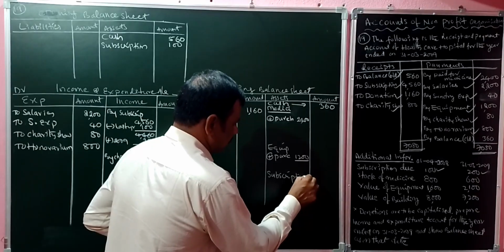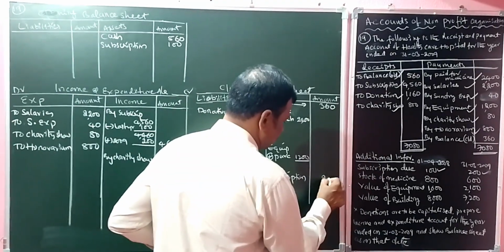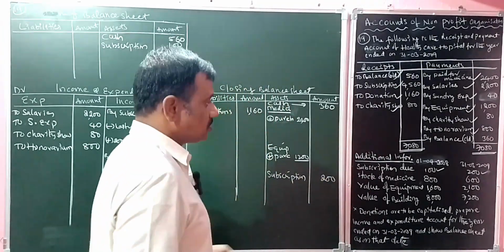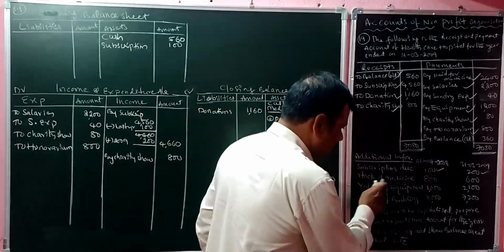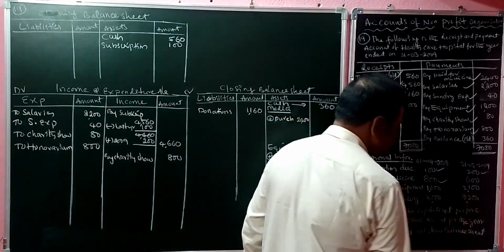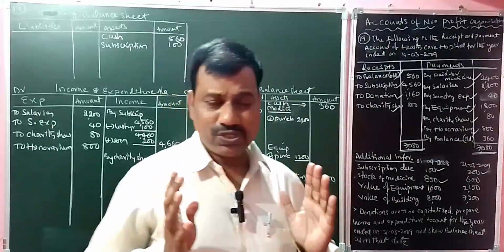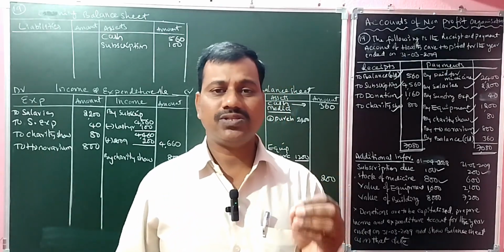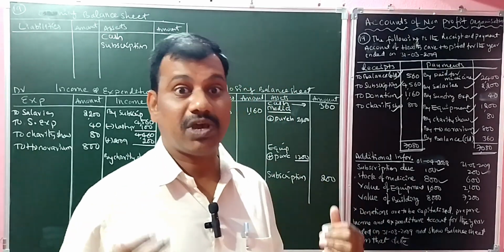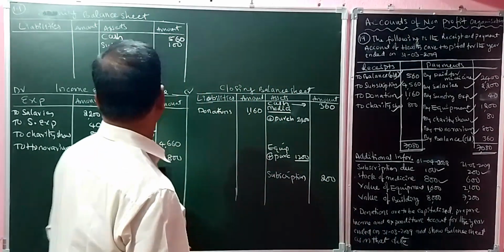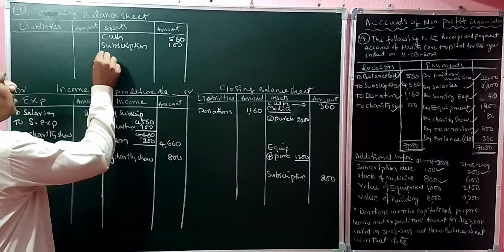So subscription value, how much? That is the same, 200. Okay, right. So it is completed. Next, stock of medicine, opening value is 800, given. It is 2 times. First time opening balance sheet asset side, second time closing balance sheet asset side. Okay, so opening balance sheet asset side, medicine.